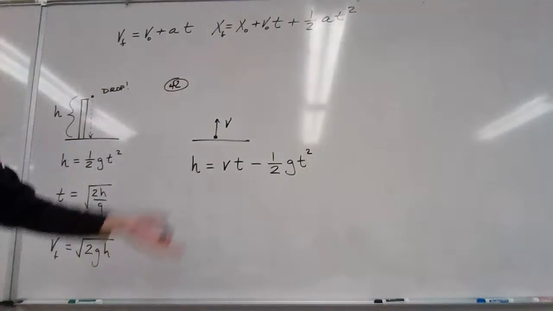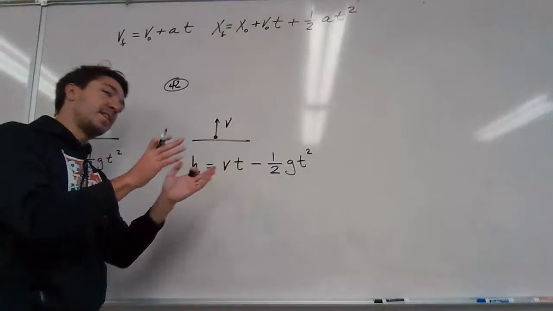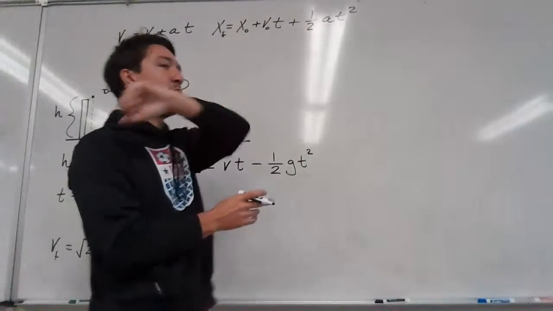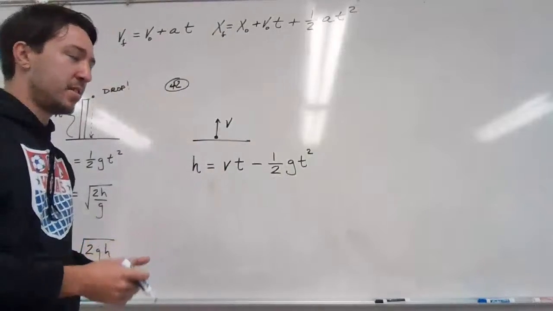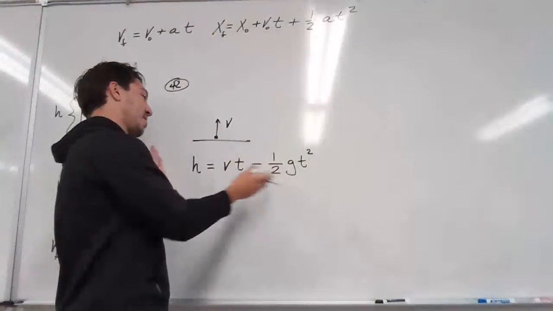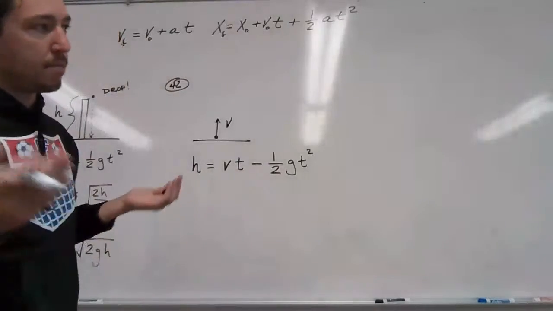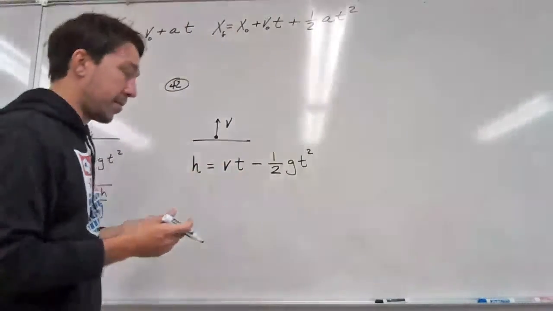All we did was replace the symbols in that formula with the relevant ones. Now again, this minus sign could be controversial. You might want to say plus 1/2 gt squared and know that g is a negative number. For the purposes of this, let's say g is positive 9.8, so then I'd have a minus in there. It makes our formulas nicer. So is everyone okay with that?